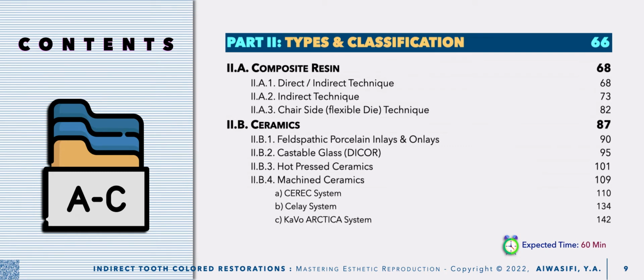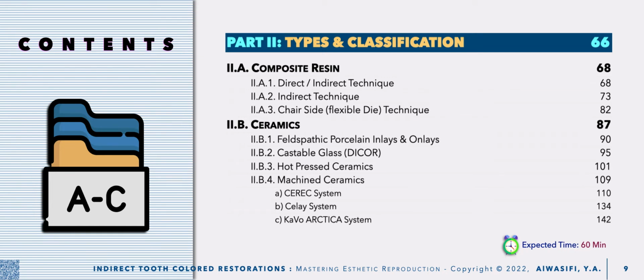Then we classified our restorations according to the material used into composite resin group and ceramic group. We already classified them again into subgroups according to the technique of construction. For composite, it was direct, indirect technique, or chair-side flexible die technique, which is also called semi-direct one.